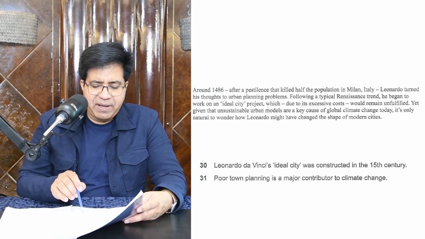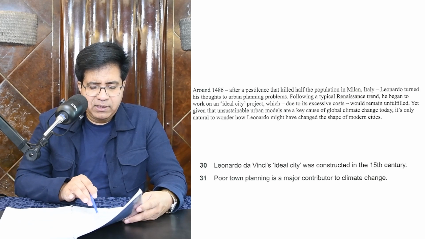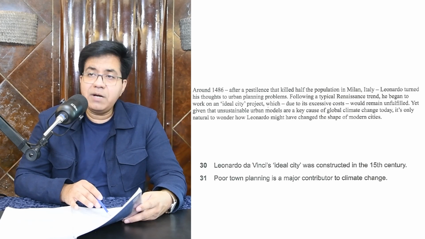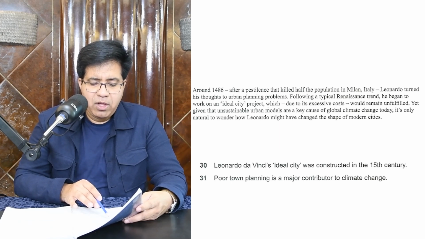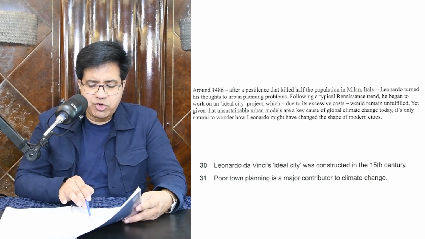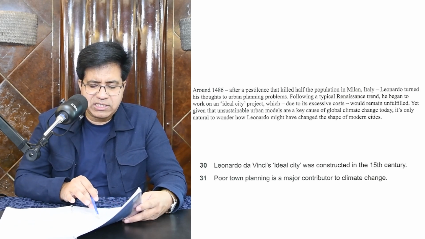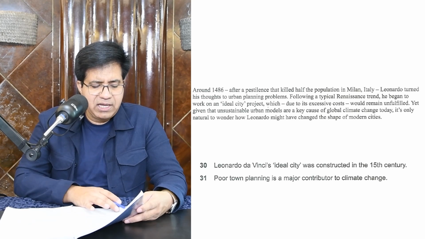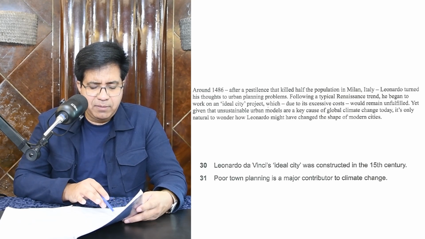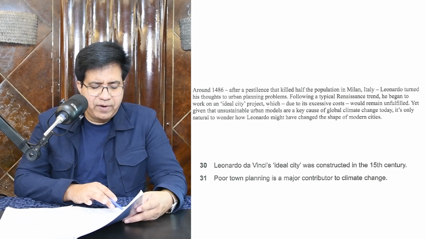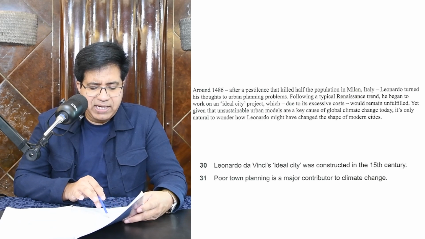I'm reading it from the second line, third paragraph, after the full stop. Following a typical Renaissance trend, he began to work on an ideal city project which, due to excessive cost, would remain unfulfilled. Yet, given that unsustainable urban models are a key cause of global climate change today, it is only natural to wonder how Leonardo might have changed the shape of modern cities.